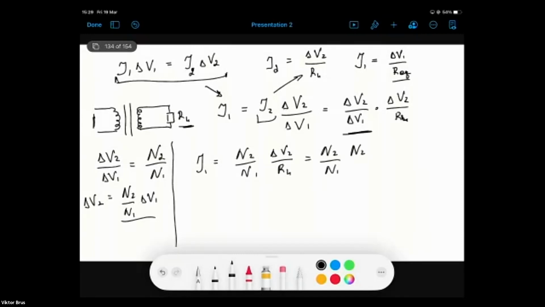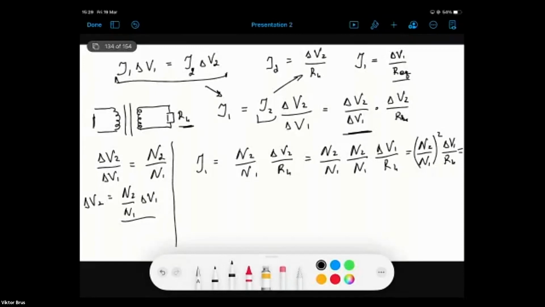Again we have N2 over N1 times N2 over N1 times delta V1 divided by RL, and this is N2 divided by N1 squared times delta V1 divided by RL.